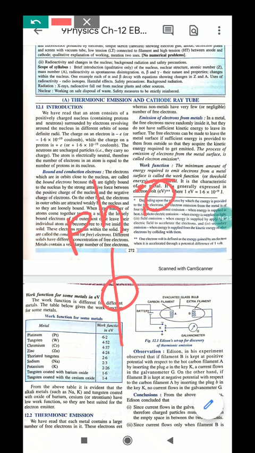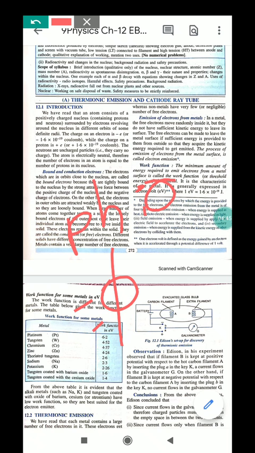The value of work function depends on the nature and purity of the metal. Different metals have different values of work function. The values of work function for certain metals are given here in this table, so you have to go through the table.